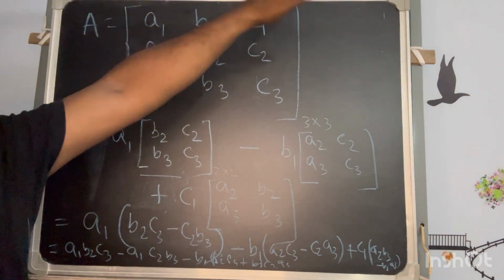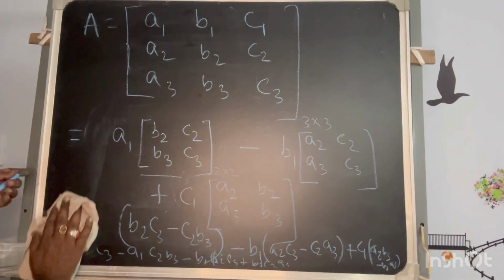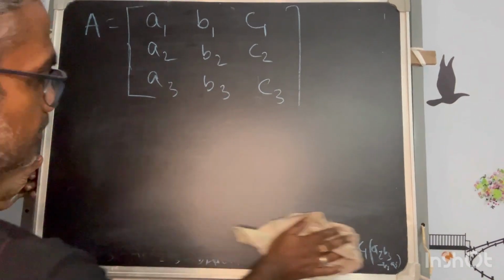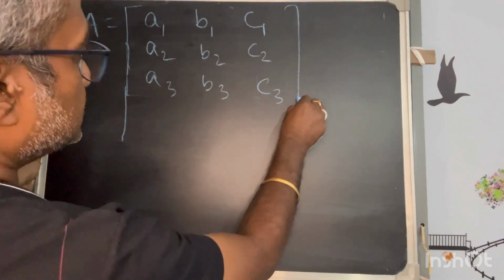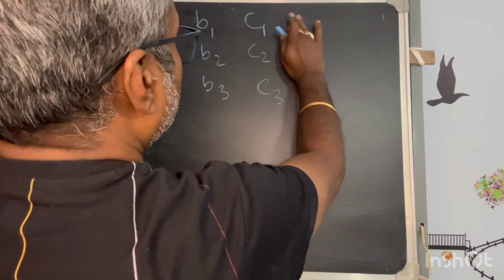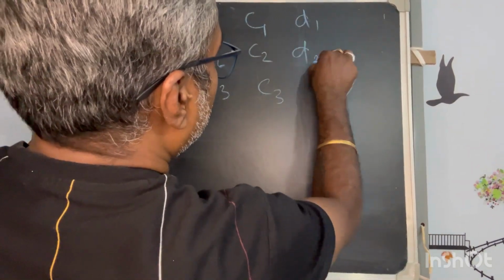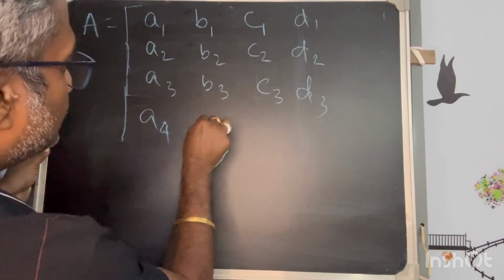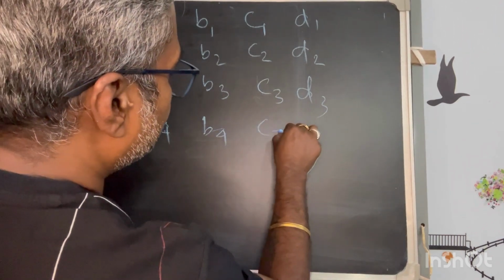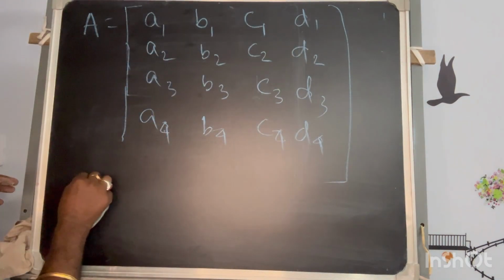Now if it is a 4 cross 4, let me take another row of variables, A4, B4, C4 and D4, and if you want to expand it, what will come?